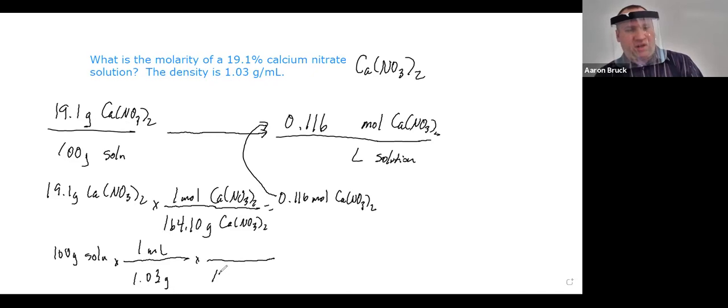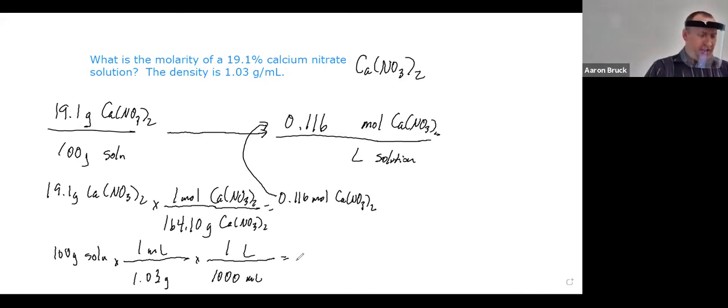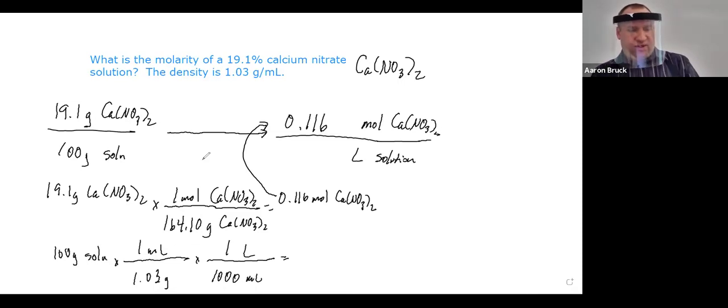Then I need to convert it into liters. 1,000 milliliters in a liter. 100 divided by 1.03 divided by 1,000. Again, to 3 sig figs is 0.0971 liters. So that number is going up here.